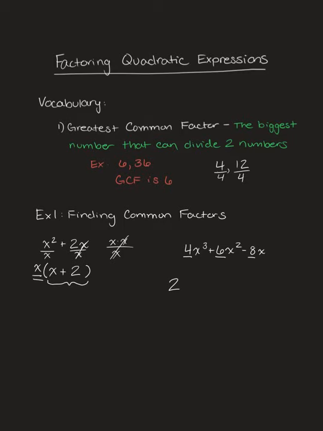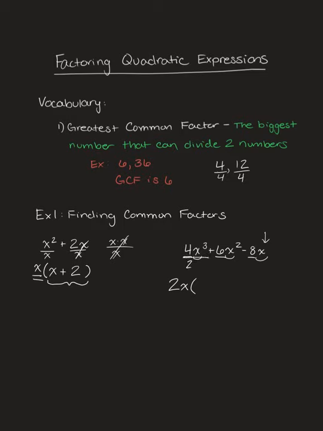Now let's look at the variables. I have x cubed, x squared, and x. If you look at the last term there, that will tell you how many x's you can take out. Since there's only one there, I can only take one x out.